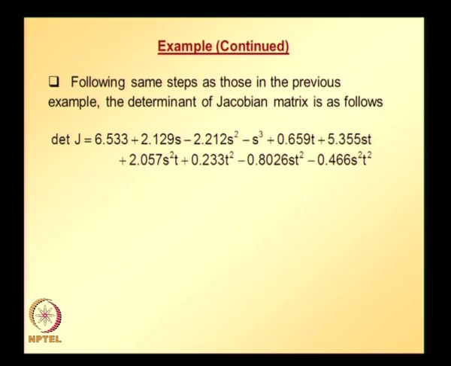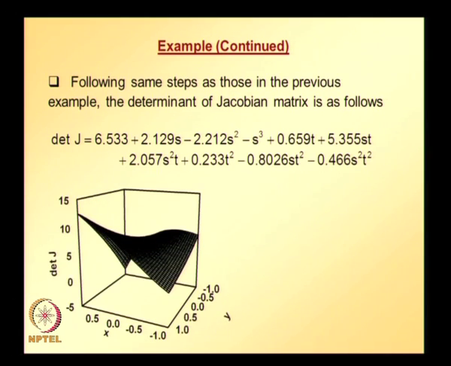So, same procedure: we need to plot this determinant of J with s going from -1 to 1, t going from -1 to 1, or we can plot x y, because we already know x y in terms of s and t, with s going from -1 to 1, t going from -1 to 1. So, the determinant of J plot looks like this.